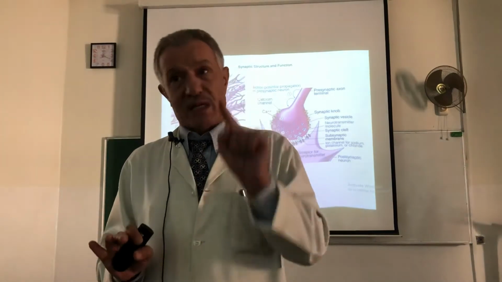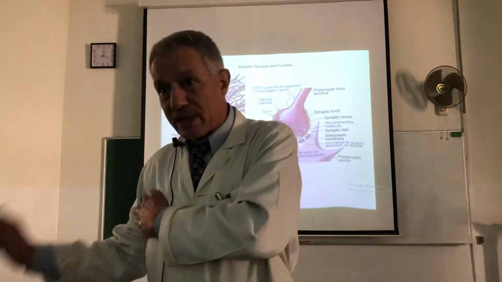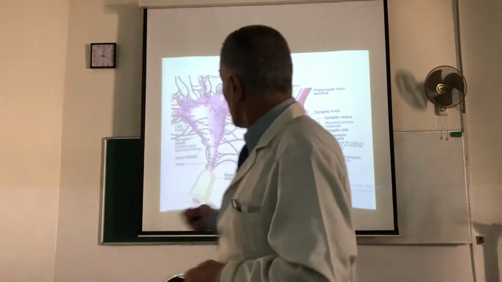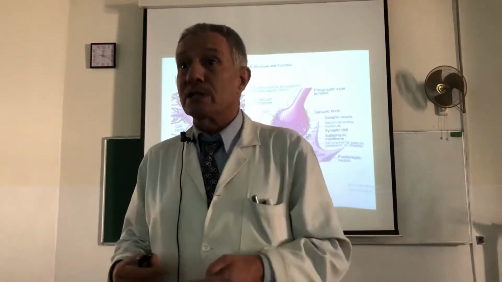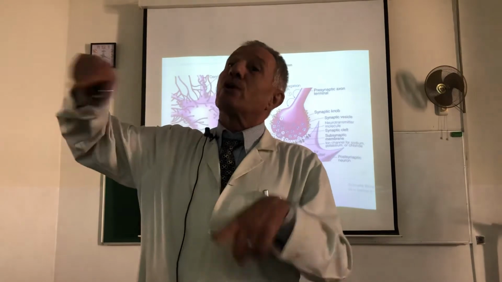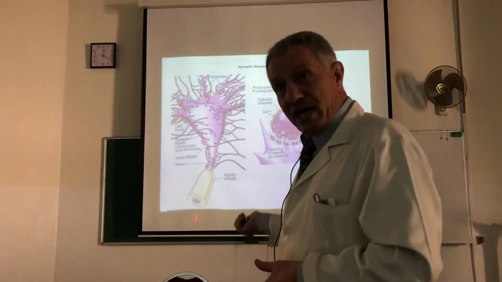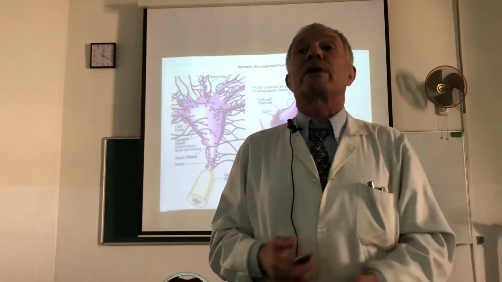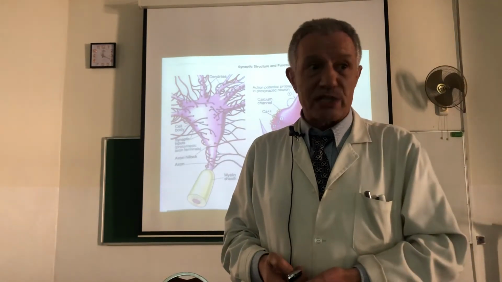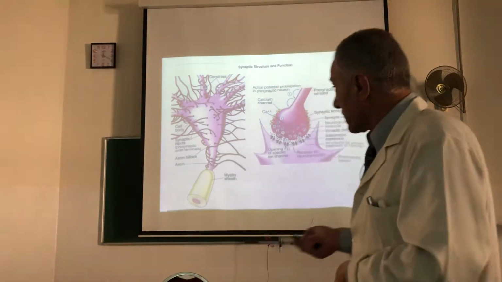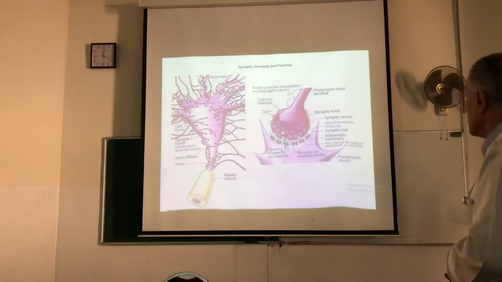But if we need the muscle to move, for example, then we get more excitatory inputs to reach the threshold to generate an action potential, which can spread toward the muscle and cause stimulation of the muscle to contract.